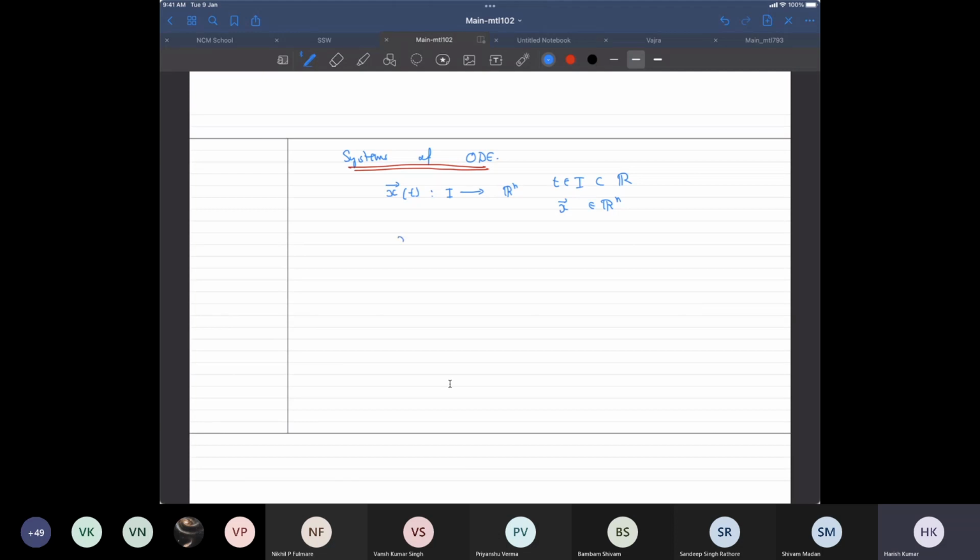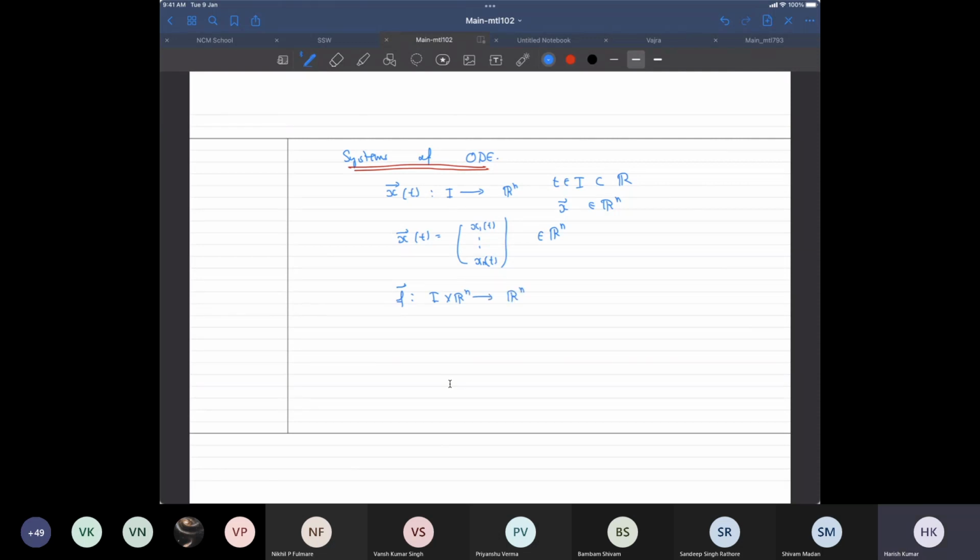Now, in general, how will it look like? It will look like x of t will have n components, x1 of t, through xn of t. Okay, and so of course this will be in Rn. And now let us define a function f, again a vector function, from I cross Rn to Rn.